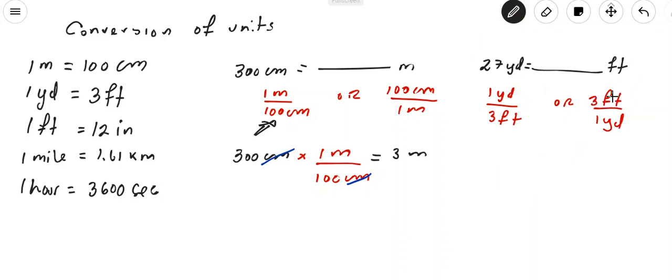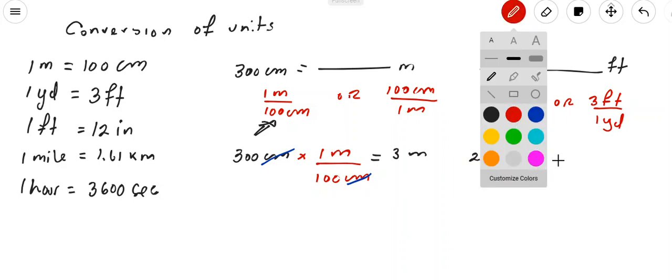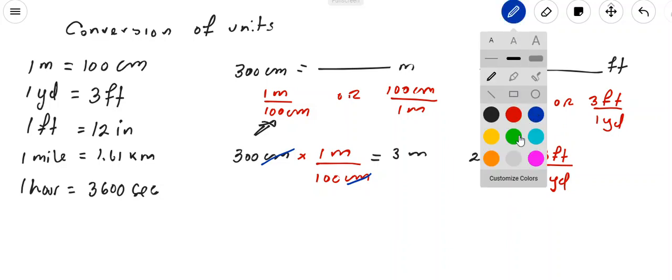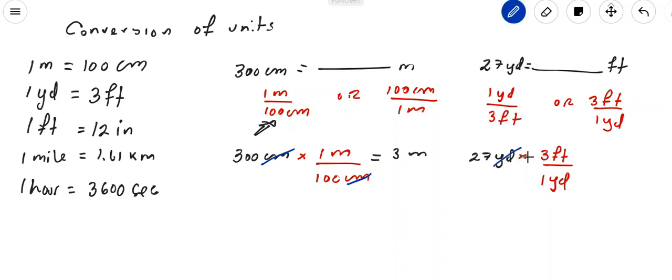So I will pick the fraction that has the feet on the top, and in that way I will cancel the yards out. So I'm going to say that my 27 yards times my 3 feet divided by 1 yard, I will then cancel yard out.